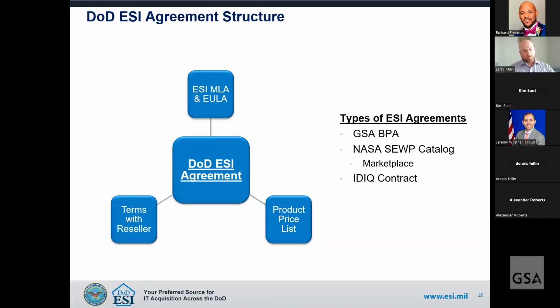And then at the bottom, we also have terms and conditions that we do specifically with each reseller. These you normally see in the body of the BPA or agreement, and they lay out the rules and how the resellers have to operate and what their responsibilities are in managing the ESI agreements. In the bottom left, there is a product and price list where you will find all the products that are being offered, as well as the ESI pricing.